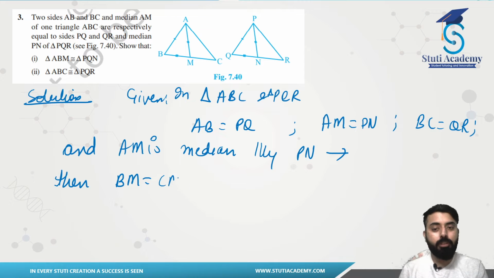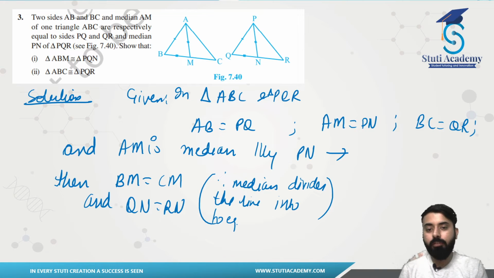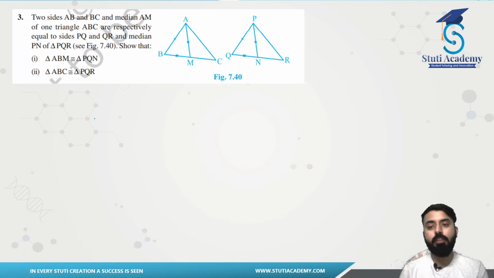So BM is equal to CM, and QN is equal to RN, because median divides the line into two equal parts, right? So these two things you should be remembering. So I know these two are equal. So let's erase this and come to a proof.